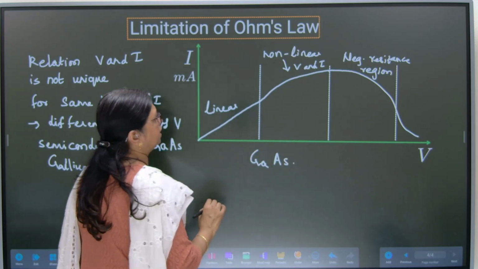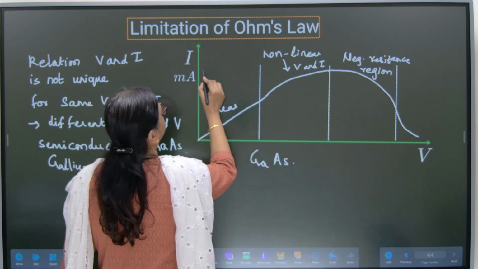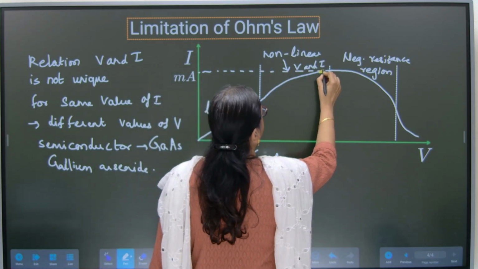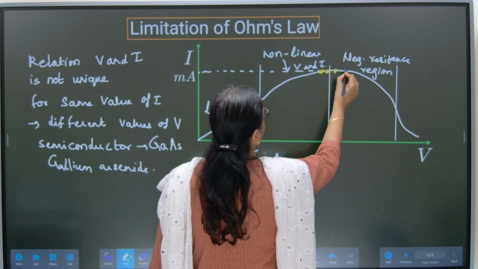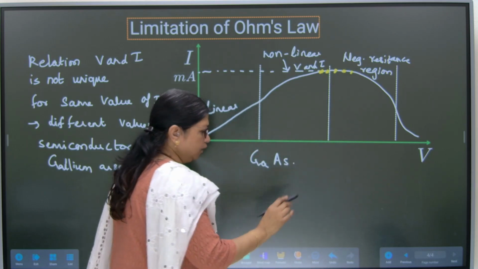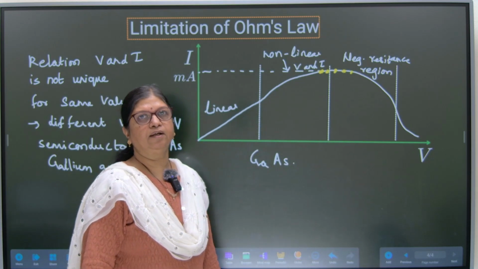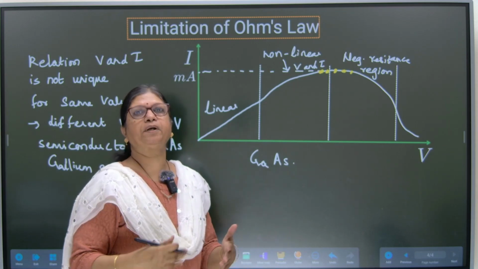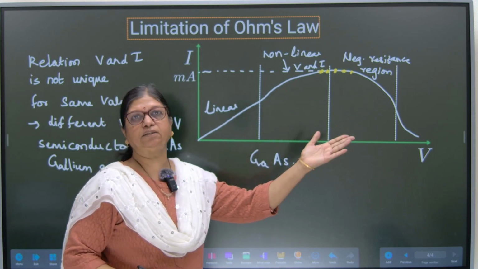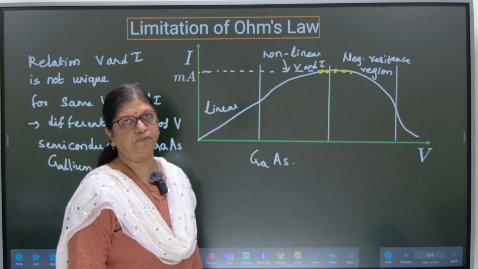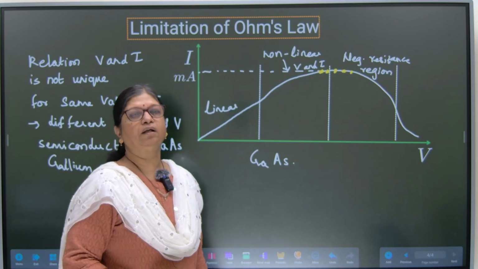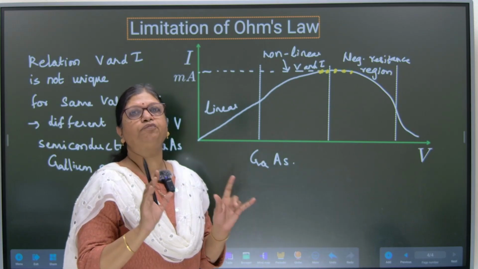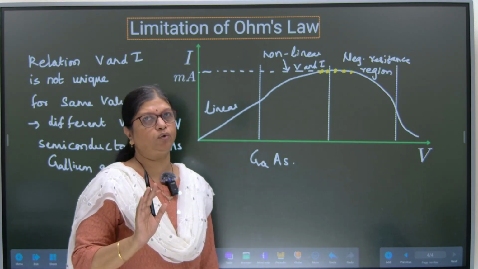And what is the limitation here? You can see for the same value of I, you have approximately different values of the potential, which is a limitation of Ohm's law. We must get I proportional to V, which is not the case in the whole graph for a semiconductor. Understand that the limitation is we get different values of the potential for the same value of current.